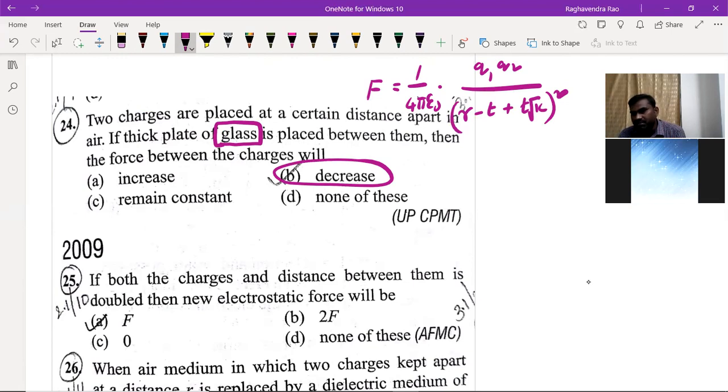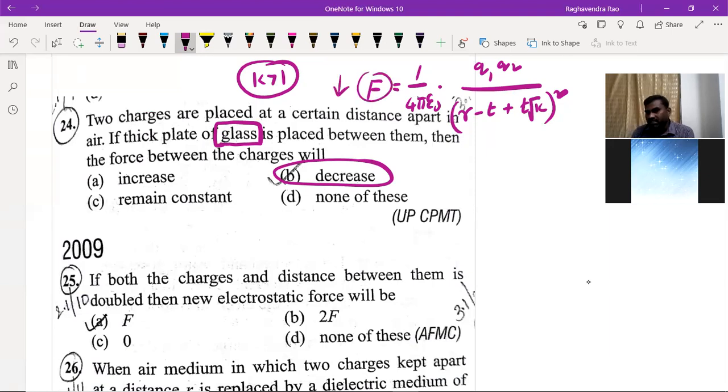As K is greater than 1, for air medium K is equal to 1, for any other medium K is greater than 1, for metal K is equal to infinity. That means from r, t is removed, t into root K is added. As K is greater than 1, something is added to this, that means distance is increased, so the force decreases.